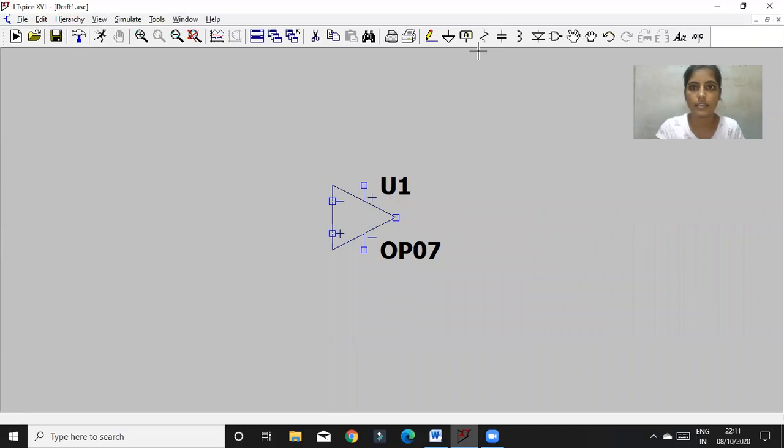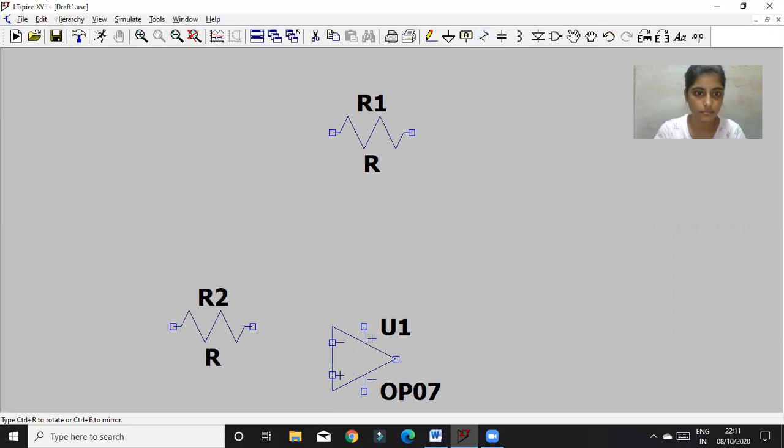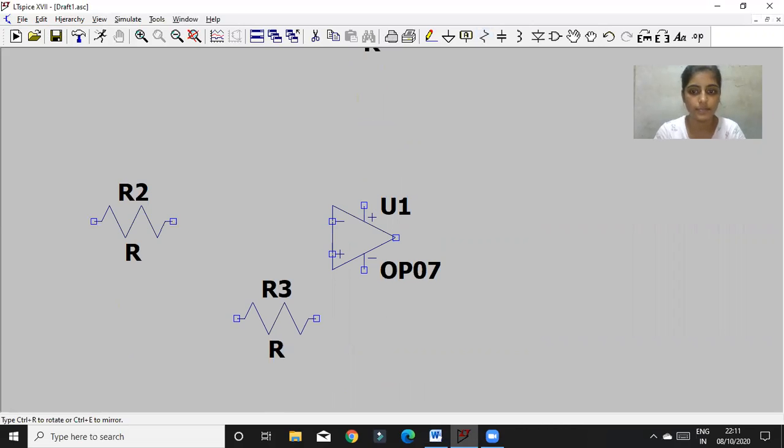Then I select the resistors, where I need 3 resistors here and over here.